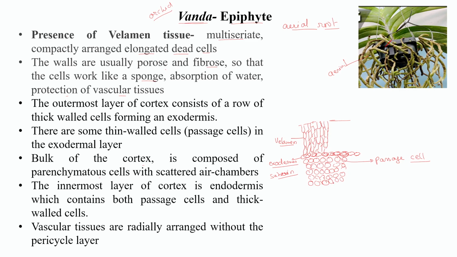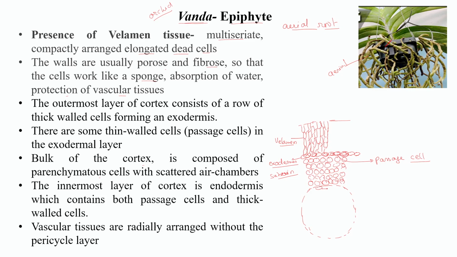Then coming to the vascular tissue, you will have endodermis and you will have pericycle, normally as we have in a root. So its arrangement will be that of a typical root, but the presence of velamen tissue, which is actually an epidermal layer only, an extension of the epidermis, a modified epidermis you can say.